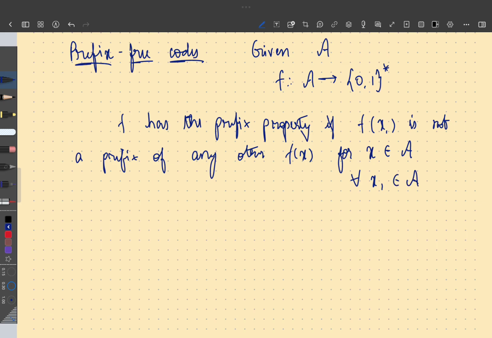So you pick any two symbols which are distinct. Then the string that corresponds to one of the symbols cannot be a prefix of the string for any other symbol. Okay, hopefully the definition is clear.